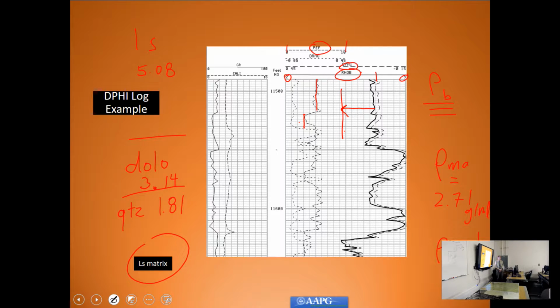How would the PEF curves move? What would they change? See what I'm asking? If you increased your porosity, therefore you're replacing the dolomite or limestone with water or oil or something, how would it affect these curves? Do they change? Do they move to the right? Do they move to the left? You see what I'm asking?